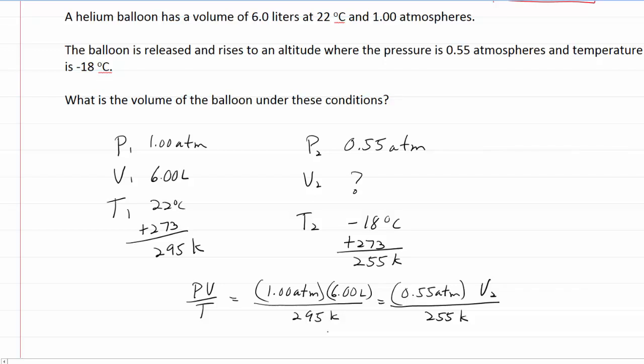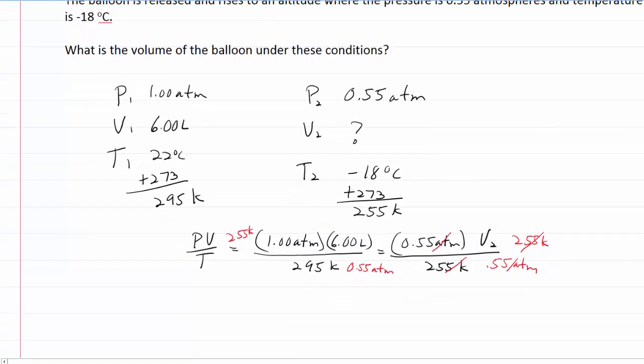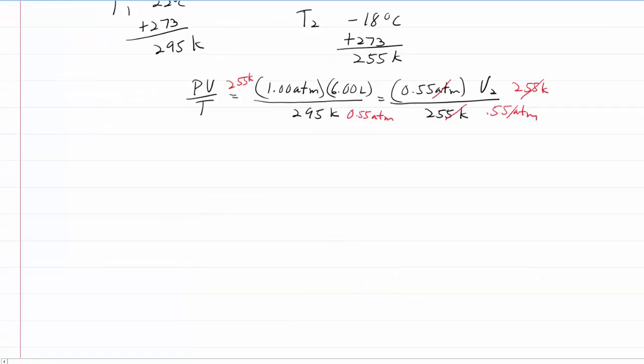All right, so I need to solve for V2. I will multiply both sides by 255. And then if I divide both sides by 0.55 atmospheres, that gives me the setup to solve for V2.